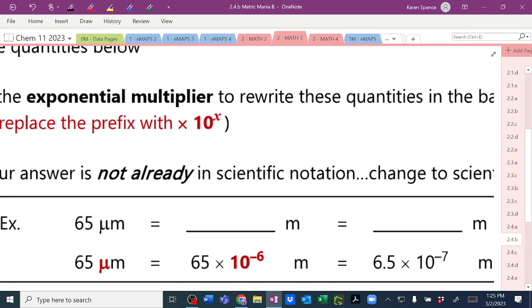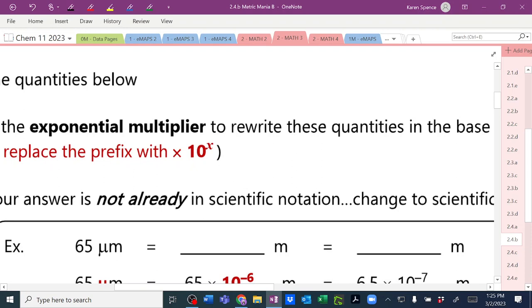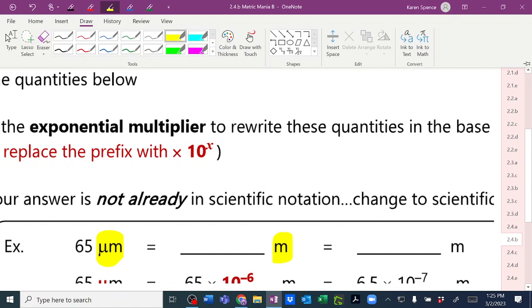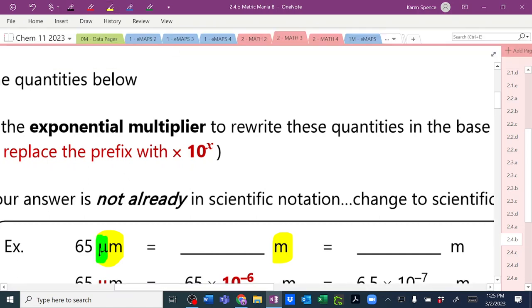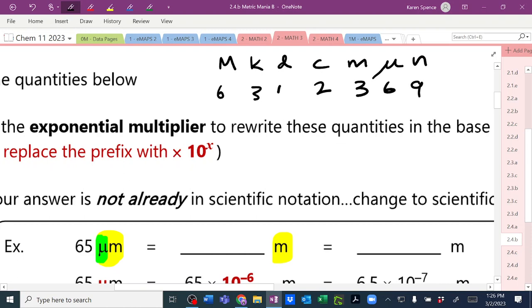So if we are asked to convert micrometers into meters, the nice thing is that that's actually pretty easy, because we know what micro means. Yes? We know that mega, kilo, deci, centi, milli, micro, nano, 6, 3, 1, 2, 3, 6, 9 is for the nano, and all of these are negative. So what does micro mean?